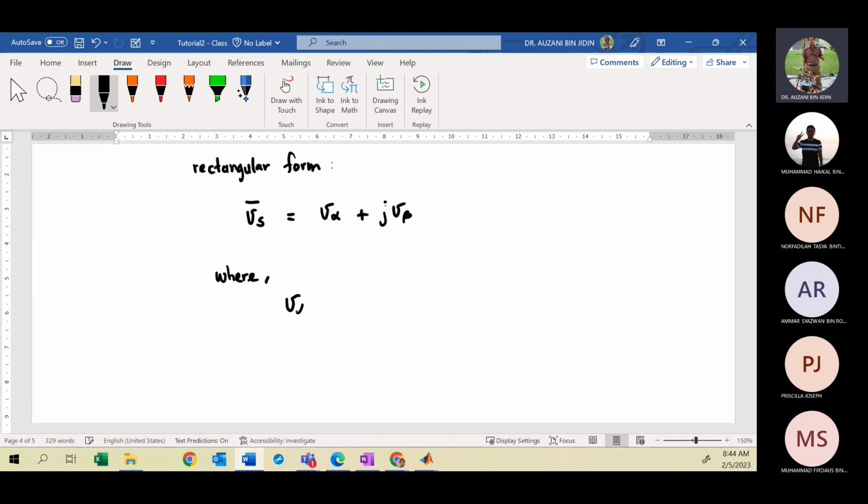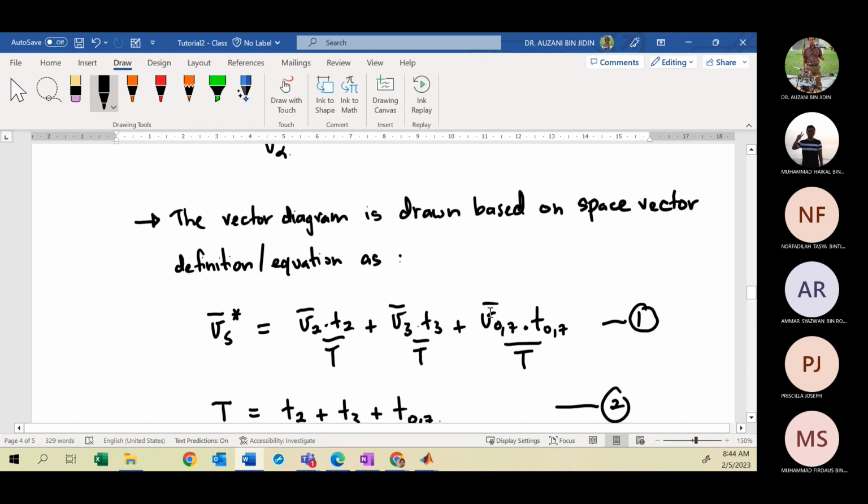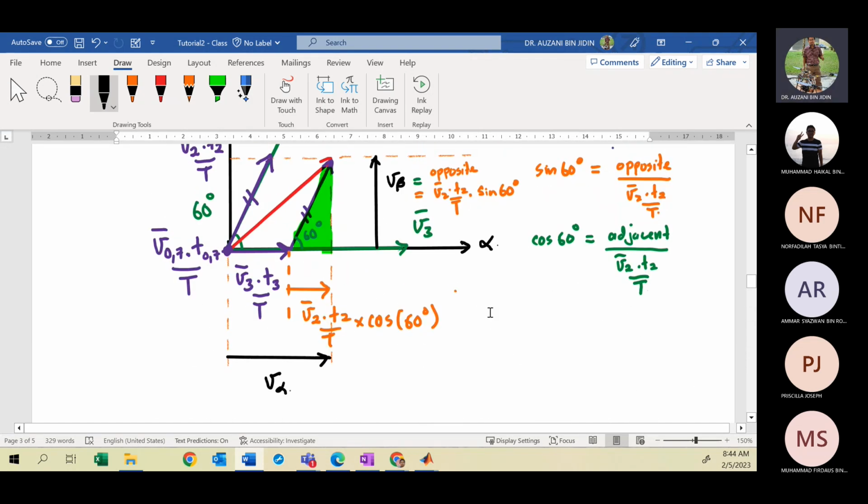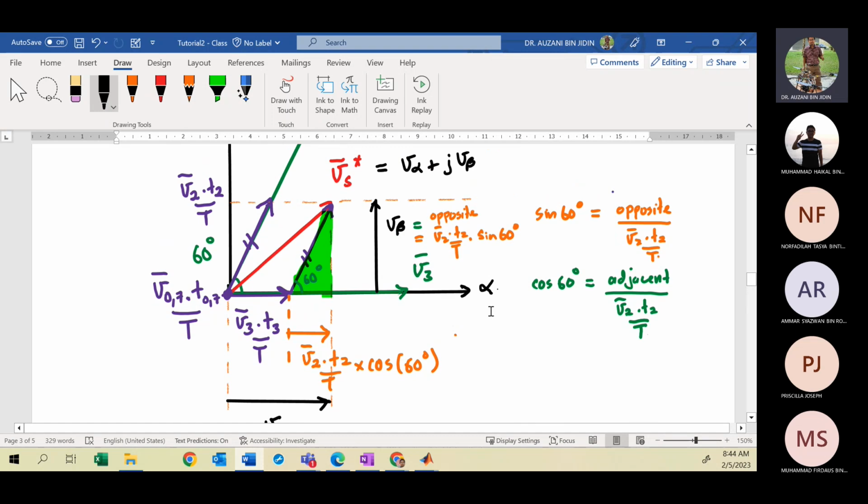Where V alpha is, what is your V alpha? Based on your vector diagram here, you are summing these two component vectors, right? V3 T3 per T, then you sum with the V2 T2 cos 60 degrees. You add up these two component vectors, this vector and also the second vector here, and then you get V alpha.